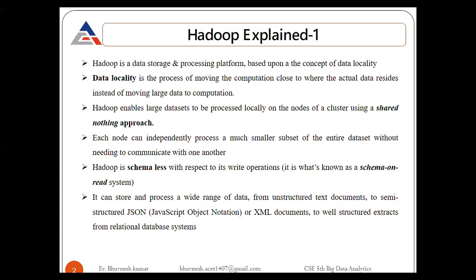Schema on write is creating a schema for data before writing into the database. Before writing into the database, we have to create the schema, the structure. We did this in our DBMS: we had to create a table, then put data into it. But in the Hadoop concept, it works on schema on read. When it wants to read, only then will it create a schema.